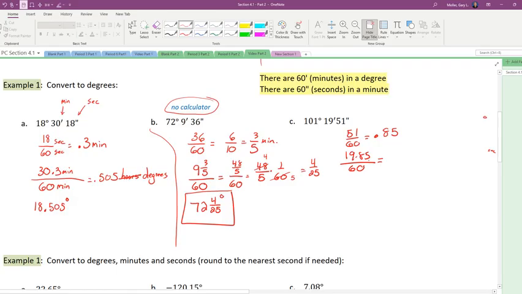Add 19, divide by 60, and I get 0.33083, looks like repeating after that. So I'm going to say approximately equal to 101.3308 degrees.